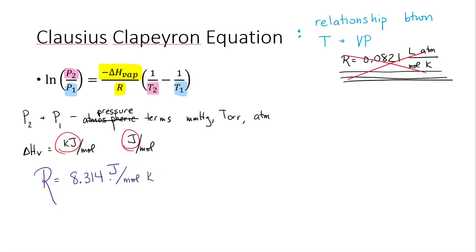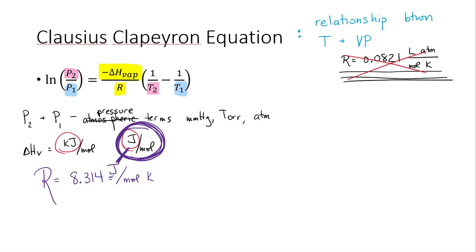All right, so now we have it in energy terms. And if our gas constant is in terms of joules, we have to make sure our delta H of vaporization is also in terms of joules because they have to be able to cancel. Think back to the Rydberg equation we learned in 1510, when I was really emphasizing units. The big thing about the Rydberg equation is nanometers versus meters. You can't put in a wavelength in nanometers because the constant is in terms of meters. Same thing here.